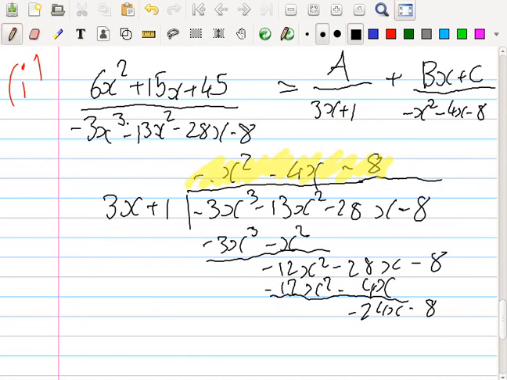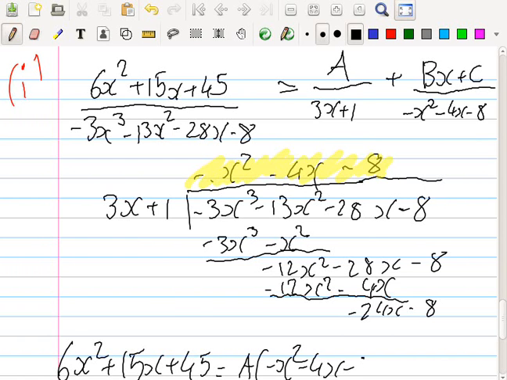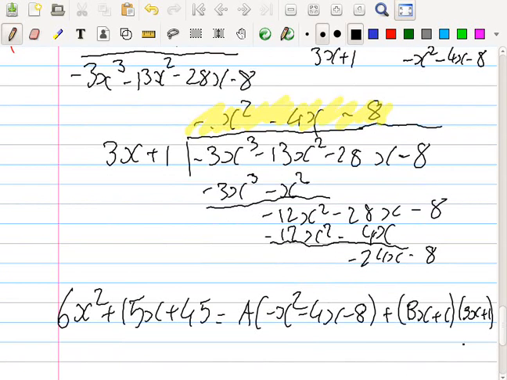So again, multiplying through by this denominator, you'll get 6x squared plus 15x plus 45 equals A times minus x squared minus 4x minus 8 plus bx plus c times 3x plus 1. Write that again so you can see it a bit better. That's 3x plus 1.